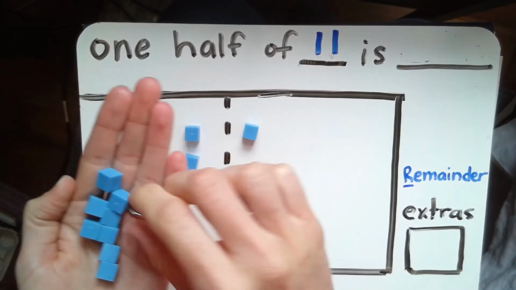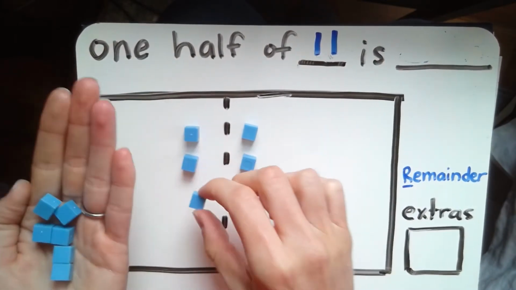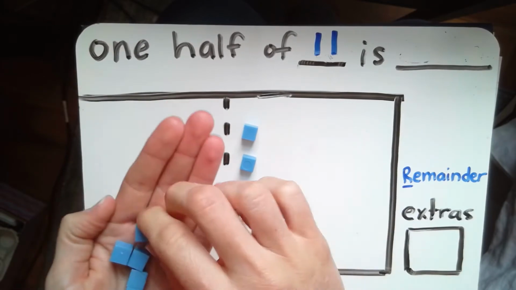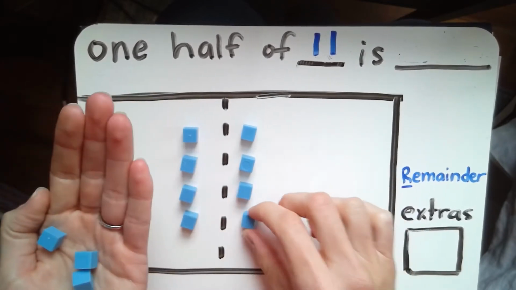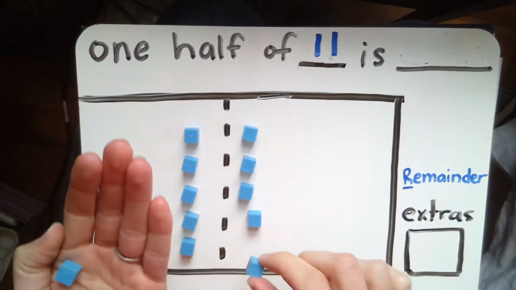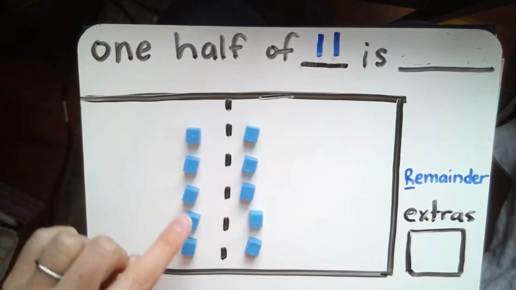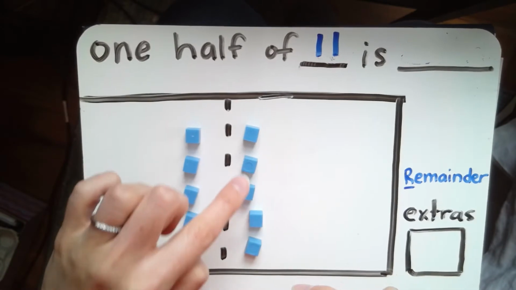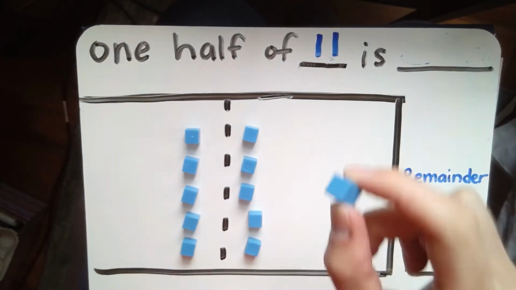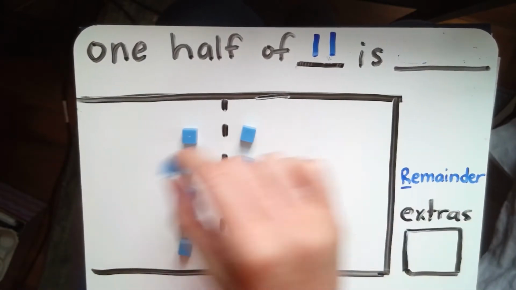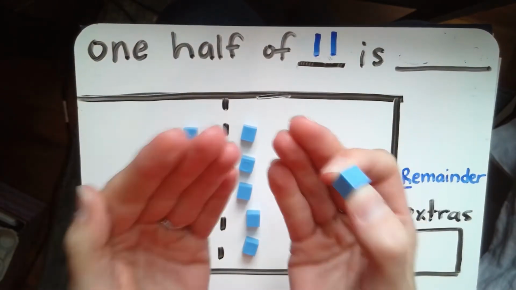1, 2, 3, 4, 5, 6, 7, 8, 9, 10. Uh-oh. 1, 2, 3, 4, 5. 1, 2, 3, 4, 5. Can I put this on either side, or will that mess up the even sides?